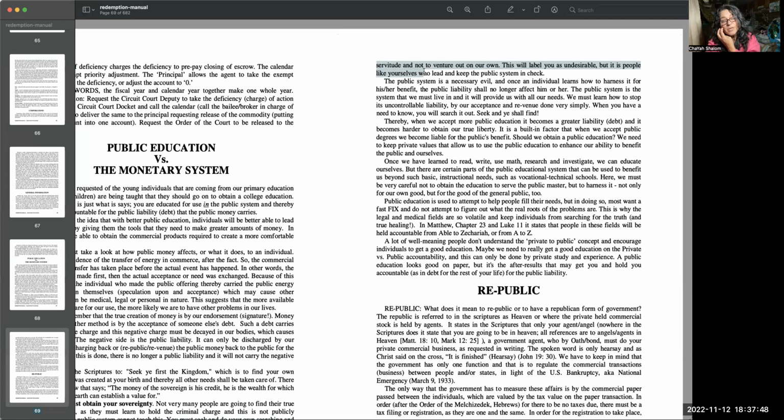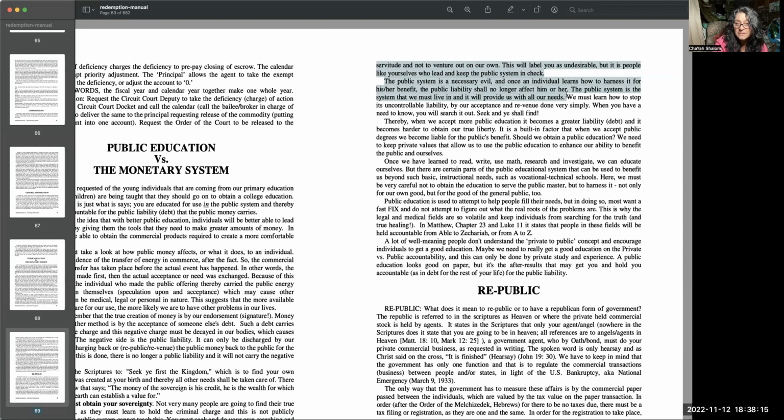But it is people like yourselves who lead and keep the public system in check. The public system is a necessary evil, and once an individual learns how to harness it for his or her benefit, the public liability shall no longer affect him or her. The public system is the system that we must live in, and it will provide us with all our needs.